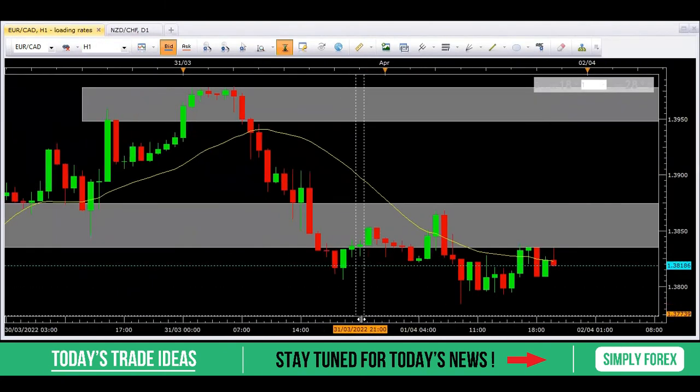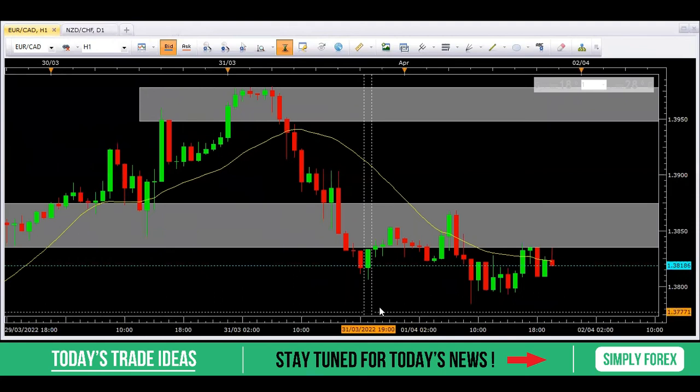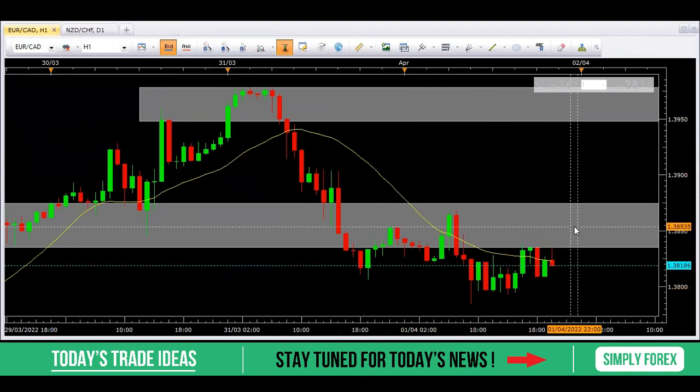The grey zones haven't changed much, guys, just a little tweaking. But again, we want to see price come up into this grey zone. Then we want to see a bearish candlestick pattern form. First of all, we can take price back down to these lows here, close 80% of the trade and leave 20% to run down to our higher time frame target.